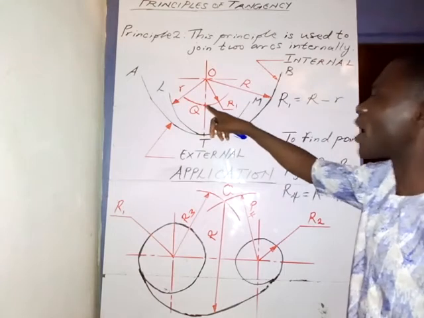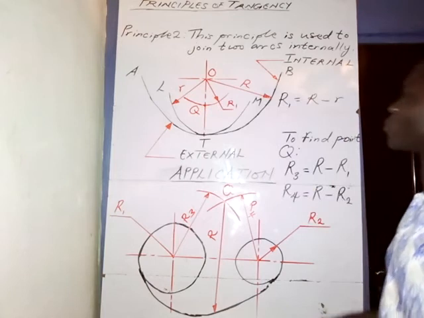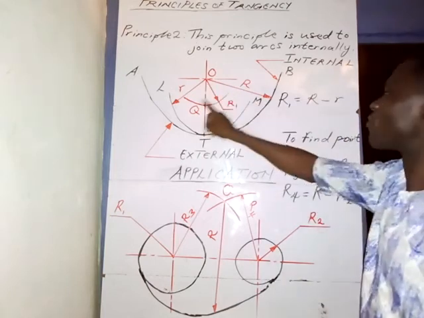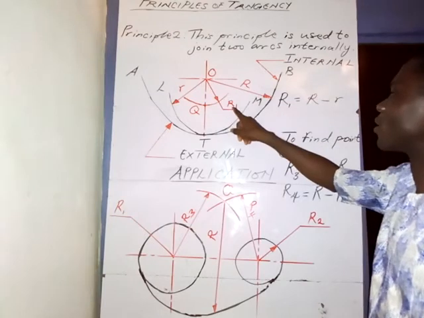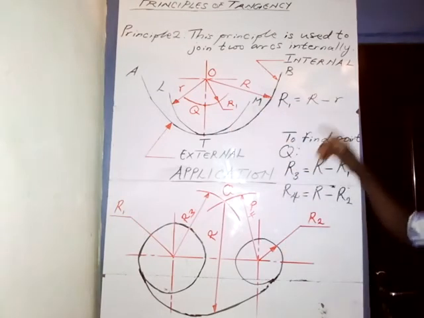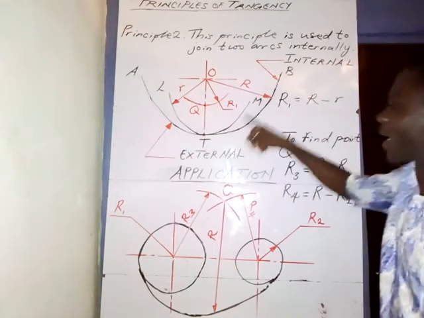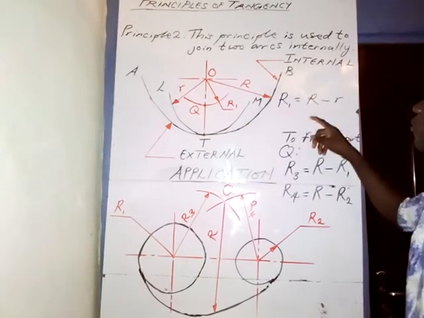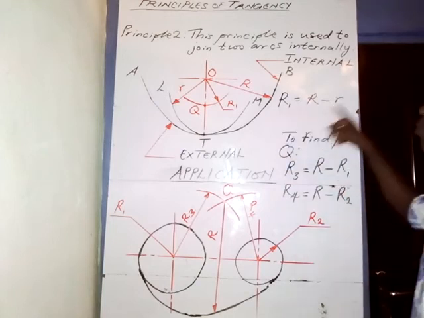So for us to be able to get this point, we need to do something. What do we have to do? The distance of this point Q from O is R1. So what we just need to do is to subtract the radius of the smaller arc from the radius of the bigger arc, so that you can get R1. That is what I've written here.